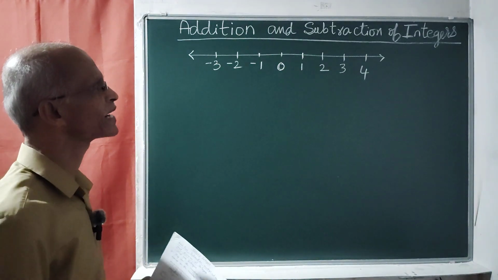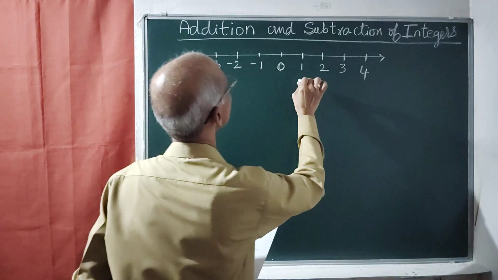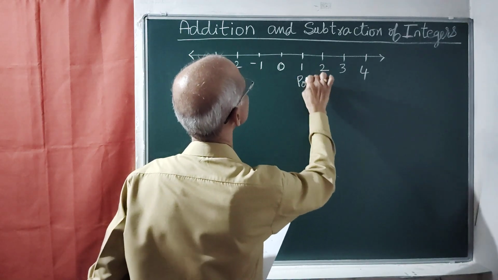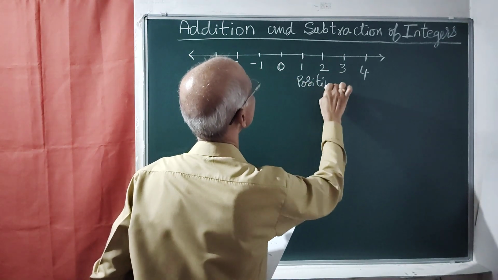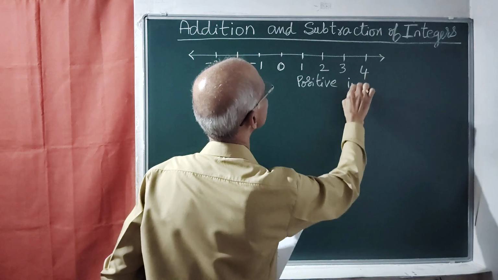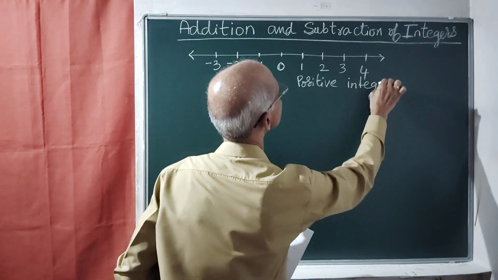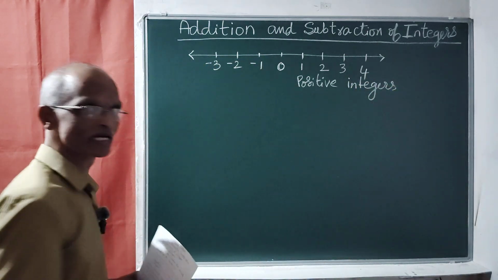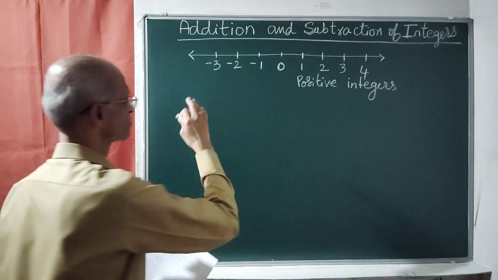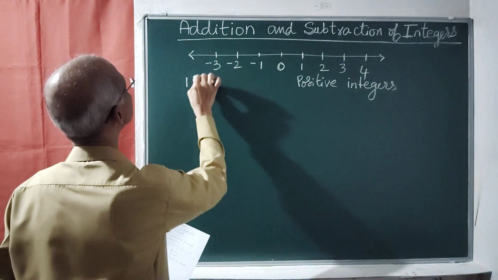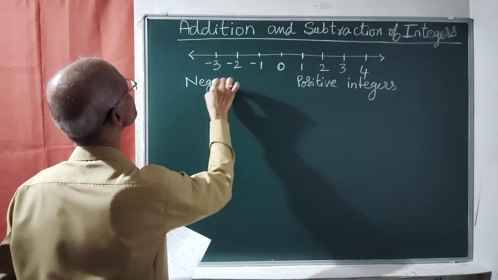The numbers on the right side are called positive integers. The numbers on the left side are called negative integers.